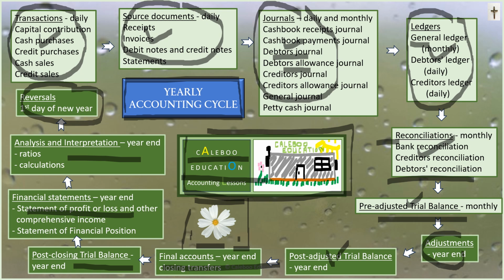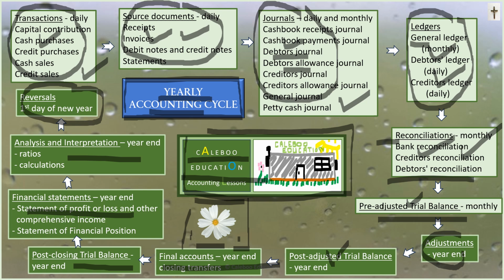Right, this is the yearly accounting cycle, the bookkeeping cycle. Quite often you will be involved in what happens on a monthly basis: transactions, source documents, journals, the ledgers, and a reconciliation. You get a bank reconciliation, a debtors reconciliation, a creditors reconciliation, and a trial balance.